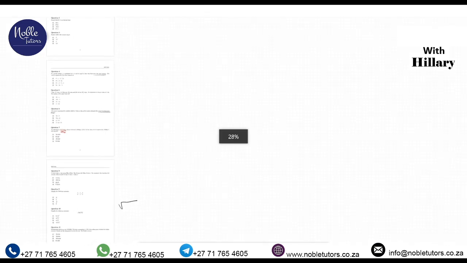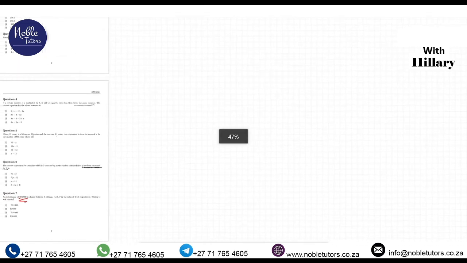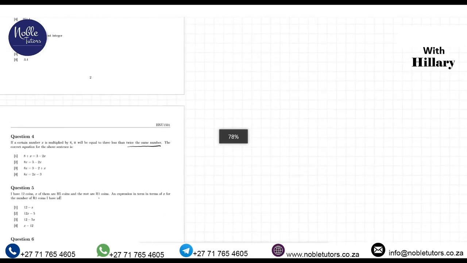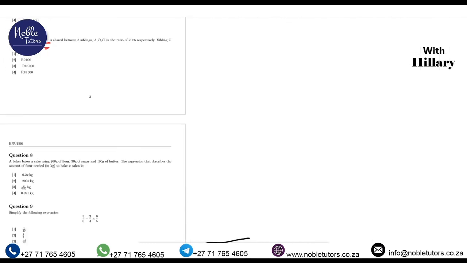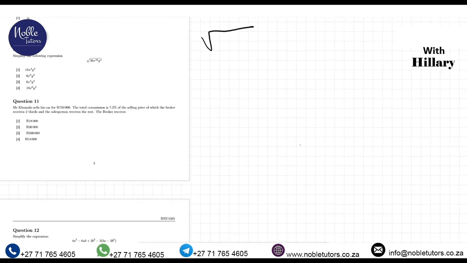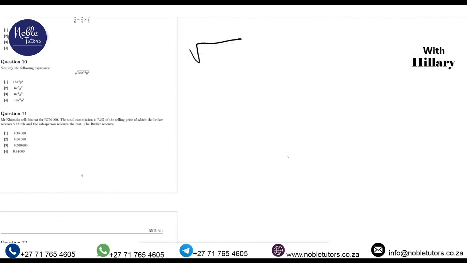For example, if we want a square root of 4, we need a number that if we multiply it by itself, it must give us 4.